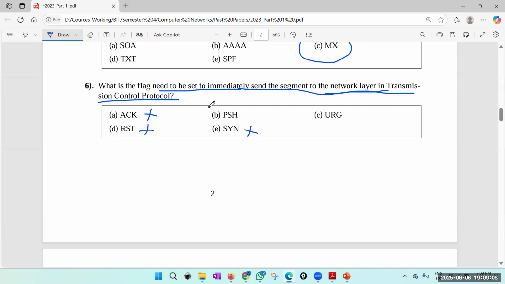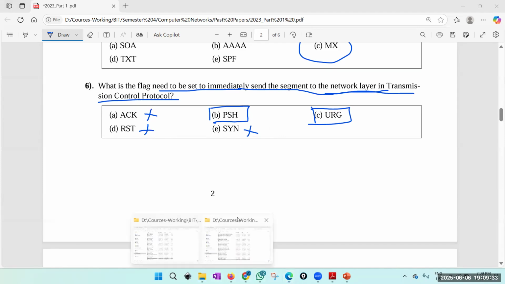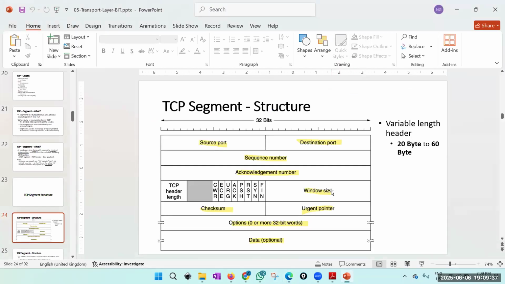So the two candidates are push and urgent. Both are used to speed up, but one speeds up the overall, and the other speeds up only that particular part. So there's a small difference between push and urgent. I can't remember exactly which one. Possibly push. So let's open the note. Transport layer. Yeah, again transport layer.